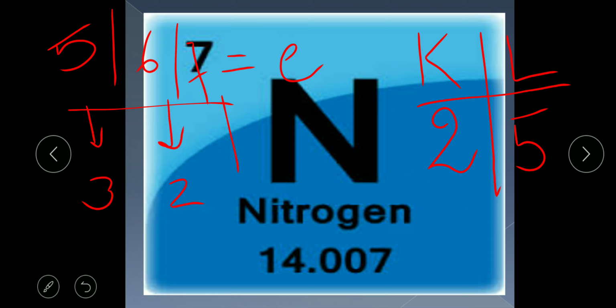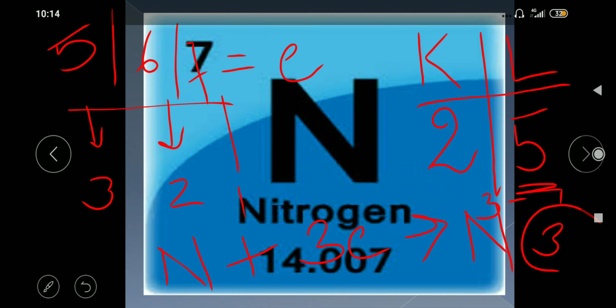So how many electrons will be taken up by the nitrogen atom to fulfill its octet? That is 3 electrons. So when nitrogen gets 3 electrons, it will get a negative charge. And how much negative charge? 3 electrons, since it is taking 3 electrons, so 3 minus. Okay, so to fulfill its octet, it will take 3 electrons.